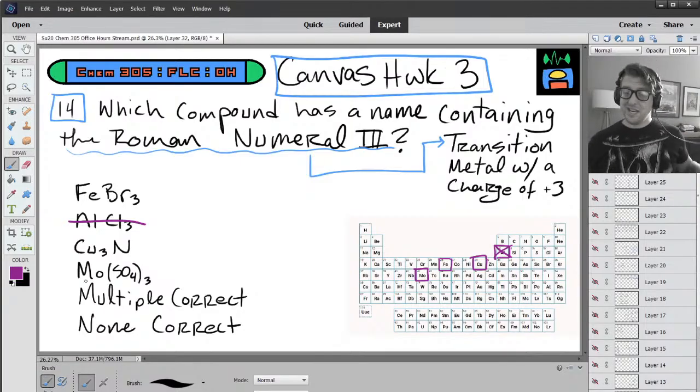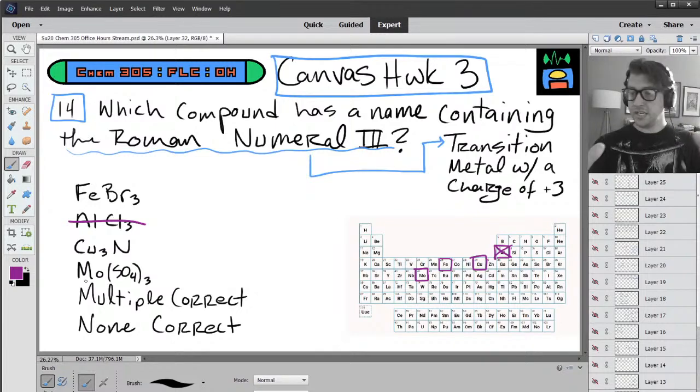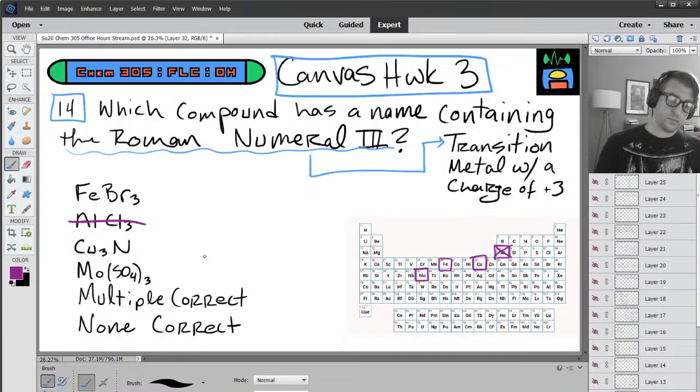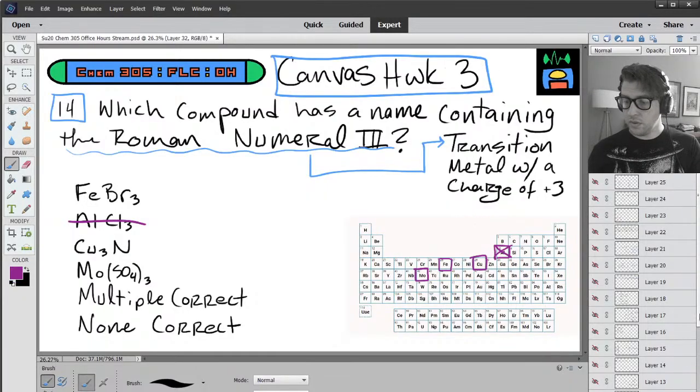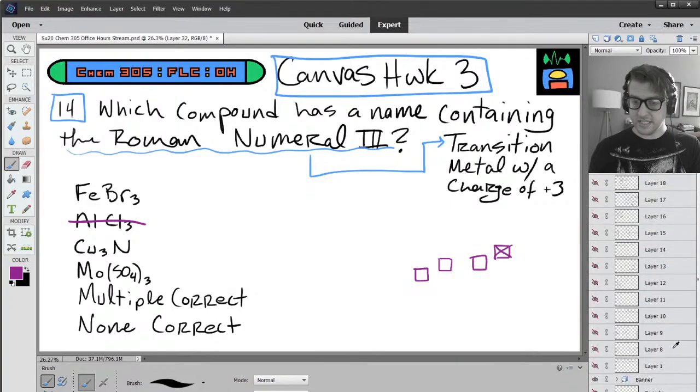Remember, anytime you're doing multiple choice, you're running through a process of elimination. The next step is we need to see, do any of these, or possibly multiple of these, have a charge of +3? All right. So let's blank out our periodic table.